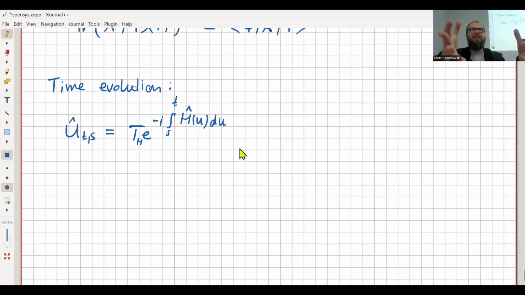So we have a system. Dynamics is generated by a Hamiltonian. We have our evolution operators, but now states. If you represent a state with a density matrix, how do you apply this evolution to density matrices? The rule is, rho at time t is given by taking rho at time s and evolving it by sandwiching it with evolution operators, U(s,t).